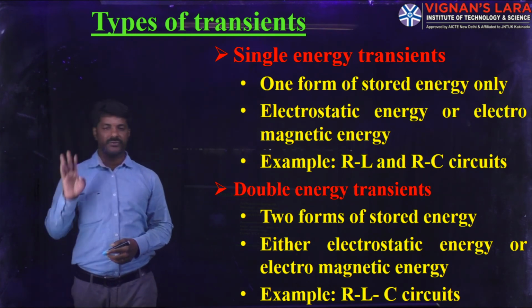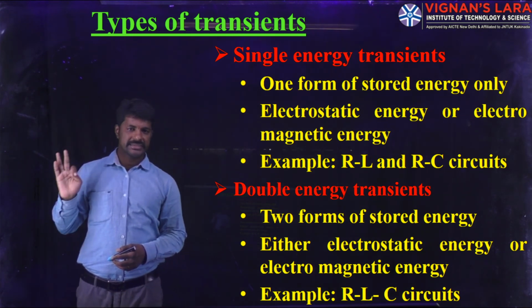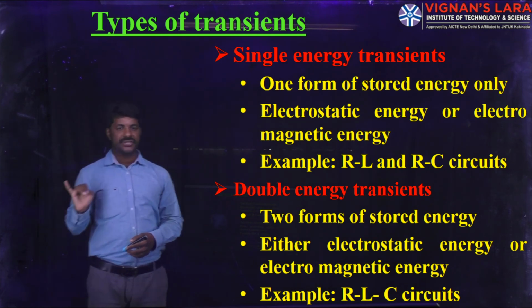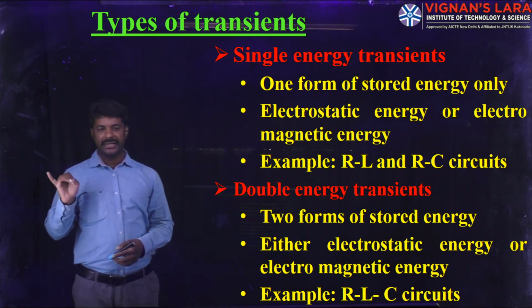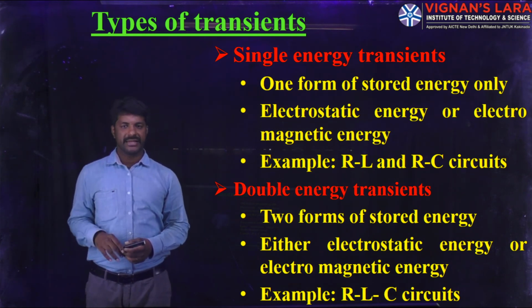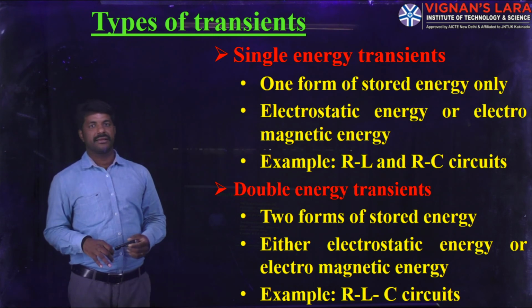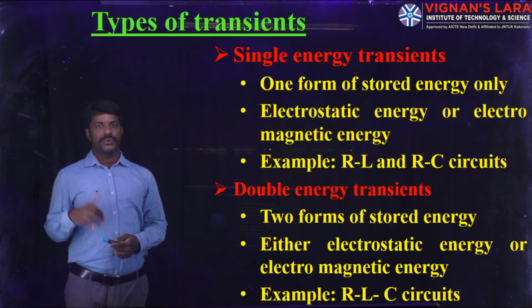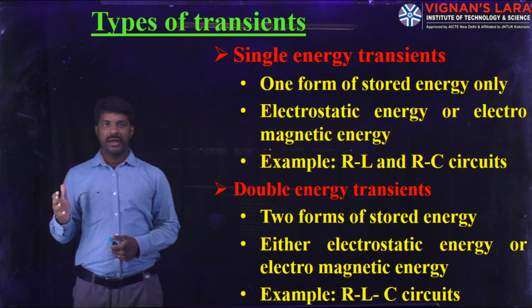Internal causes are 4 in number: resonance, arcing, switching operations, and the external cause is only lightning. Out of all these, the surges which occur due to lightning will have a more predominant effect.